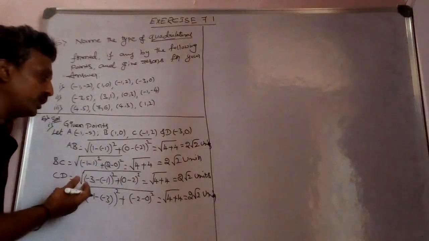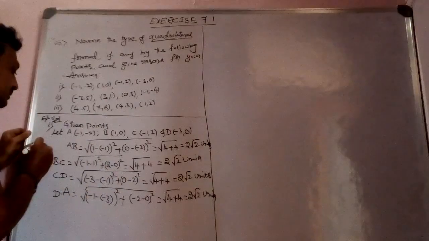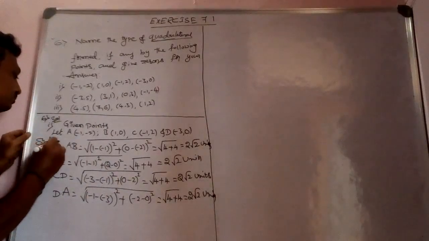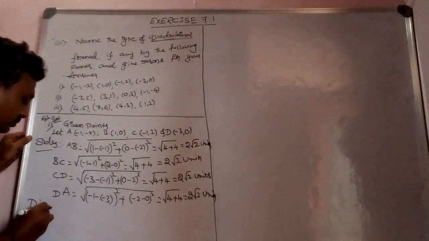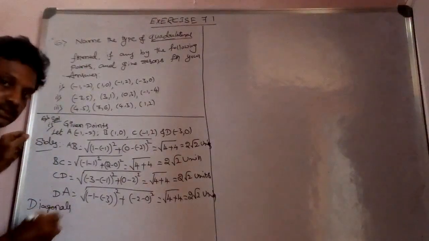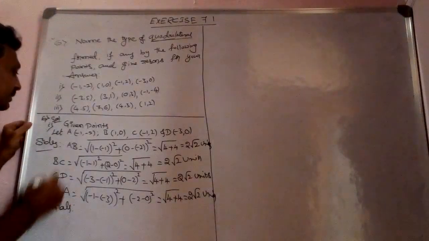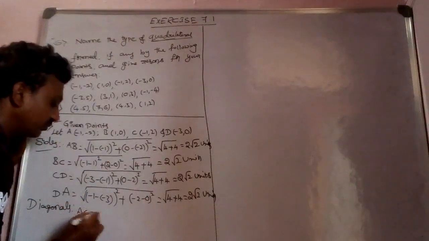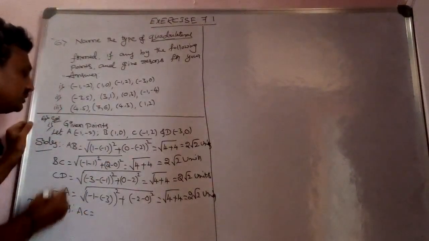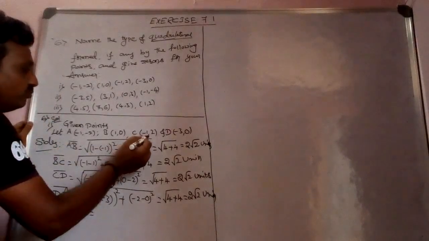For that, we should first find the diagonals. These are sides; now diagonals. What is the distance of AC? Same formula we can use.